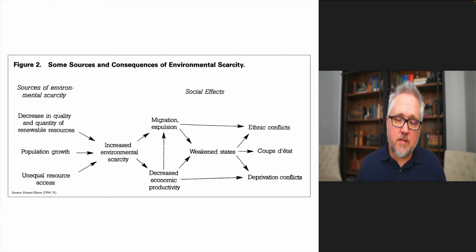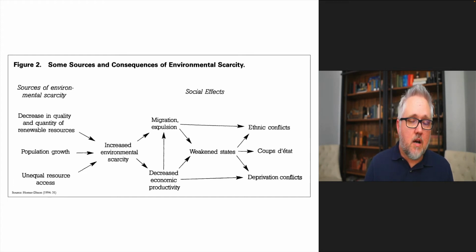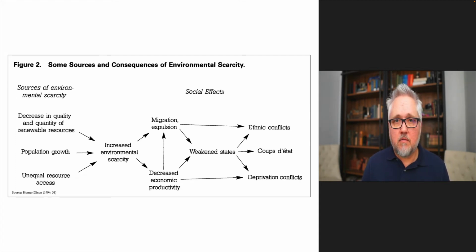So we started with the simplest kind of model with 3 different factors and lines connecting each one, and now we're breaking it up into the sources of environmental scarcity, the effects that has on economics or population movements, and then how that affects conflict, either through opportunity arguments through weak states or through motivations due to grievances, right? And so we're going to be looking at a number of these for specific weeks.